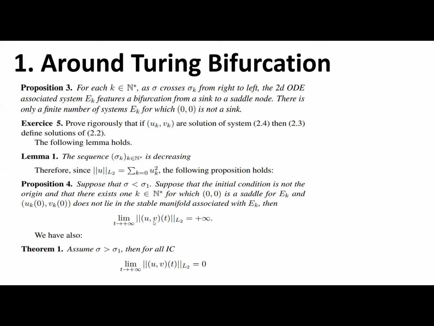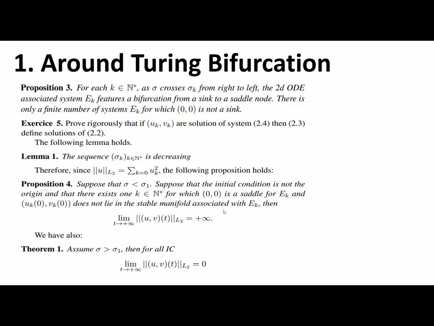So since we work with PDE, we have to choose a norm. Here, we work with the norm L2 because of the structure of the Hilbert space associated with the scalar product and stuff.